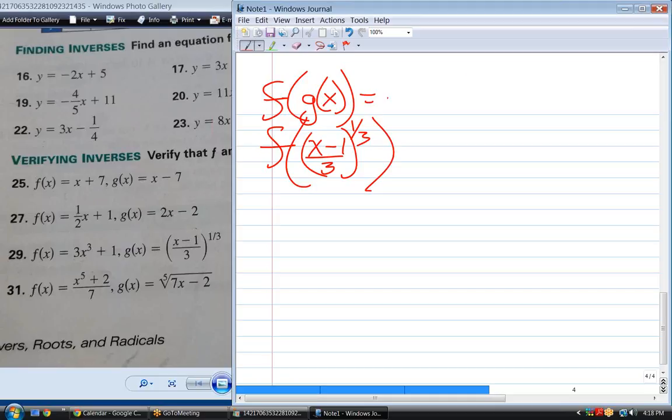Since f of x is equal to 3x cubed plus 1, what is this equal to?